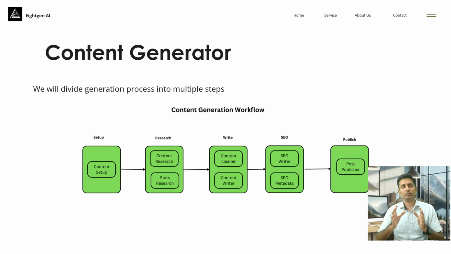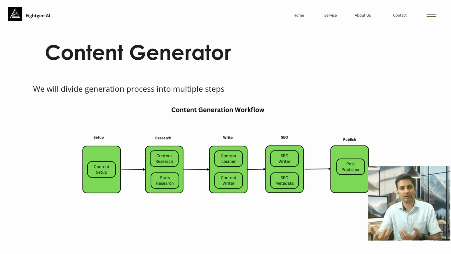We need to think of the right way to break down the problem and then try it out with different combinations. When I say different combinations, when it comes to LLM, it is all about prompting, because we have a model ready, or you are fine-tuning it for your particular use case. That is also fine, but at the end of the day you are prompting and getting the output, and here the use case is content generation.